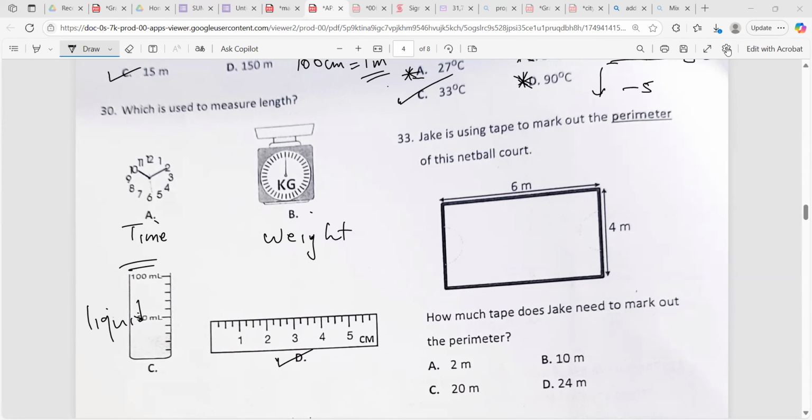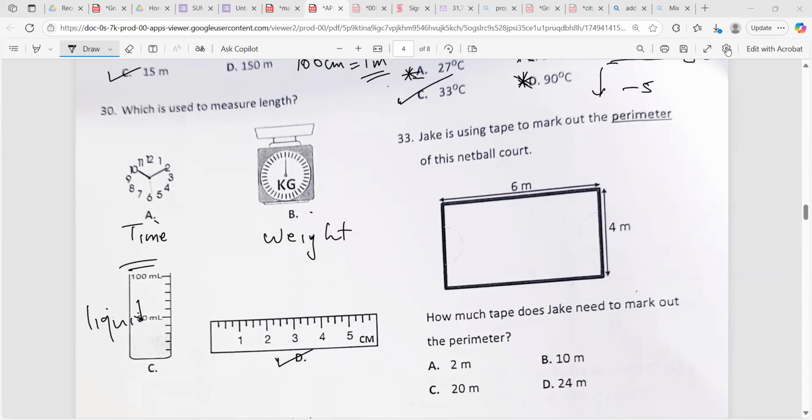So the question says, Jake is using tape to mark out the perimeter of this netball court. So my working out is 6 plus 4 is 10 because that is the perimeter. Remember, we're counting around. And then on the other side, it will also be 6 plus 4.